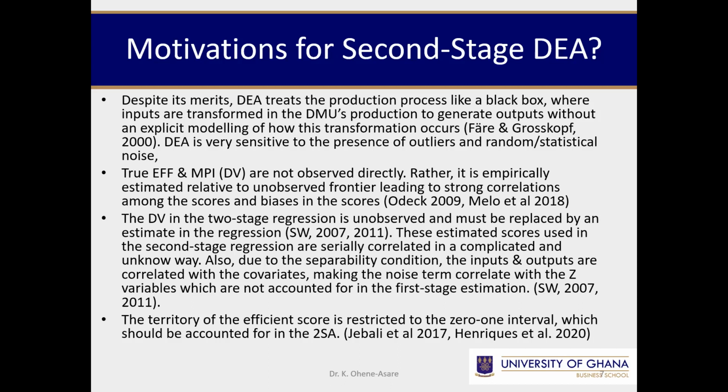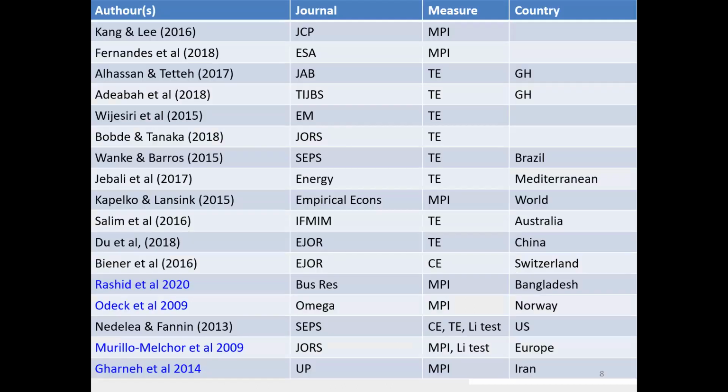What kind of regression? Is it OLS that's going to do the job, or a different kind of regression? So that whole thing has to be handled, and that is the reason why we also have to address the second stage. So ladies and gentlemen, you have to motivate your second stage. That's the point.